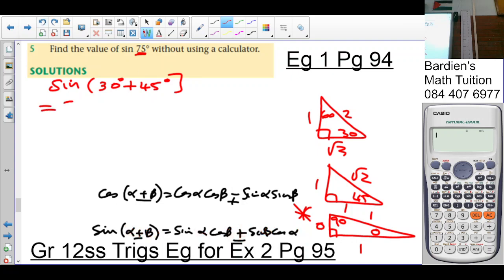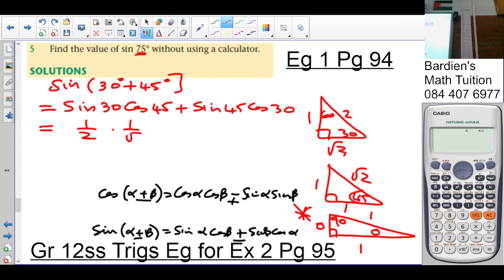That would simply give us sine alpha cos beta plus sine beta cos alpha. So sine of 30, sine is 1 over 2. Cos of 45, cos is adjacent over hypotenuse, is 1 over root 2, plus sine 45, sine, opposite over hypotenuse, is 1 over root 2, times cos of 30. Cos is adjacent over hypotenuse, which is root 3 over 2.